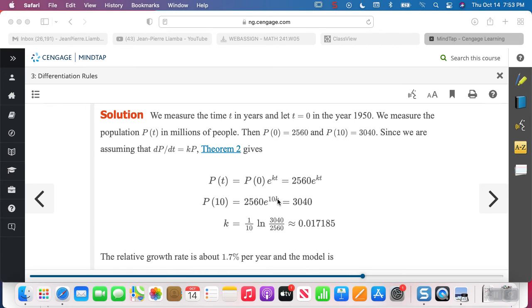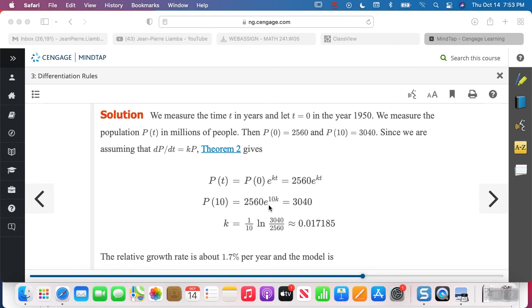k is the relative growth rate, so we're going to solve for k. This is an exponential equation. The first thing to do is divide both sides by 2560. Then, to bring k down, we apply natural log to the equation.